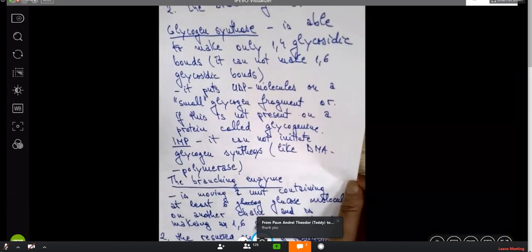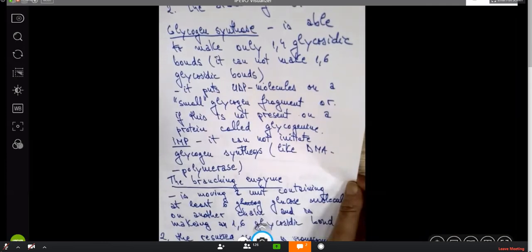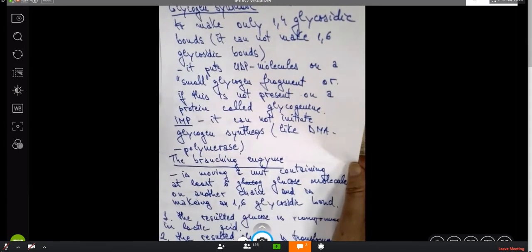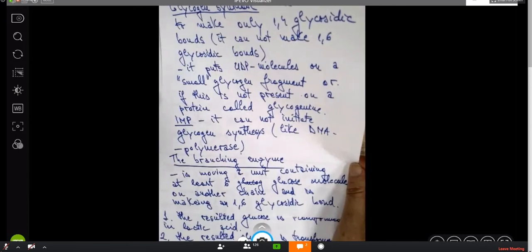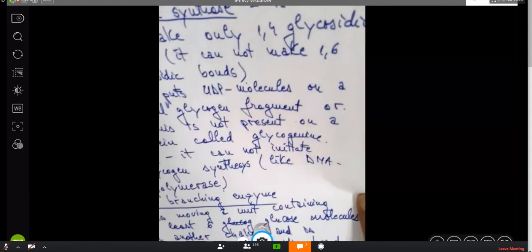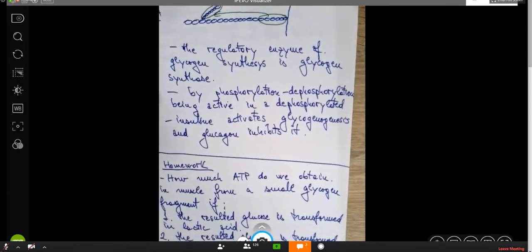And glycogen synthase needs a primer, and the primer can be a small glycogen fragment or a specific protein called glycogenin, because glycogen synthase cannot initiate glycogen synthesis. The branching enzyme is just able to make 1,6 glycosidic bonds, moving units containing glucose molecules.